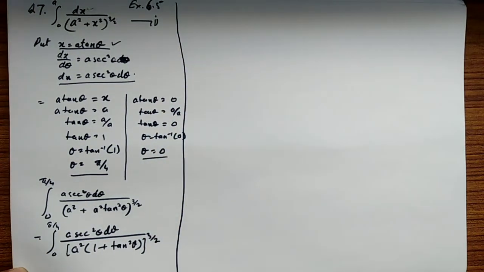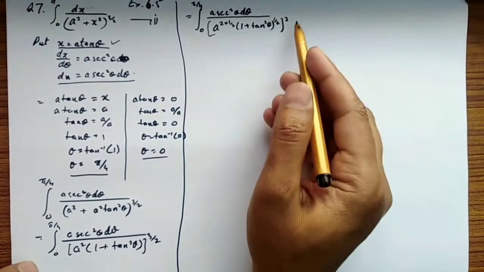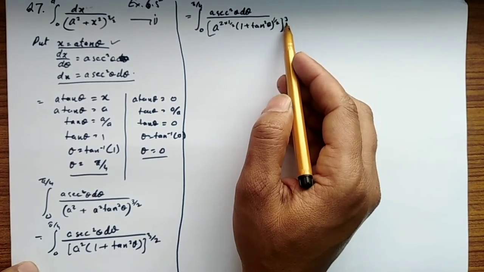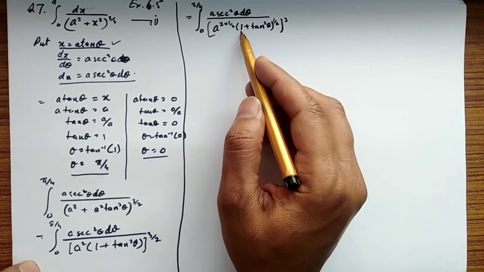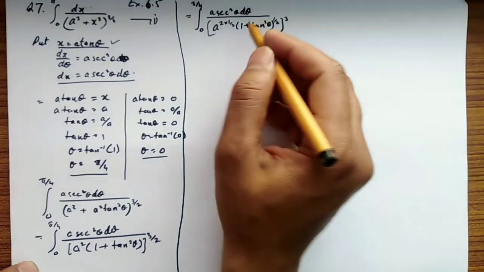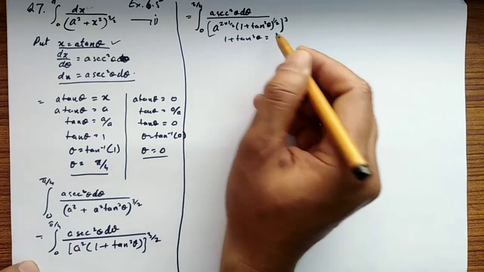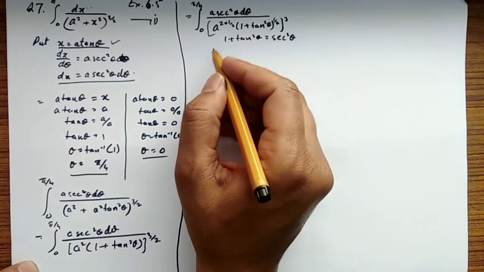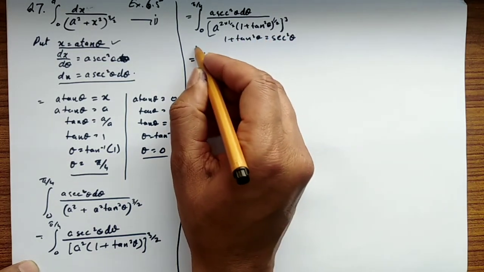We can write this in this form, just moving this 1 upon 2, which was originally written as 3 upon 2, inside, and multiplied individually with the power a and 1 plus tan square theta. So 1 plus tan square theta is equal to sec square theta, right? So we are going to substitute this value now.